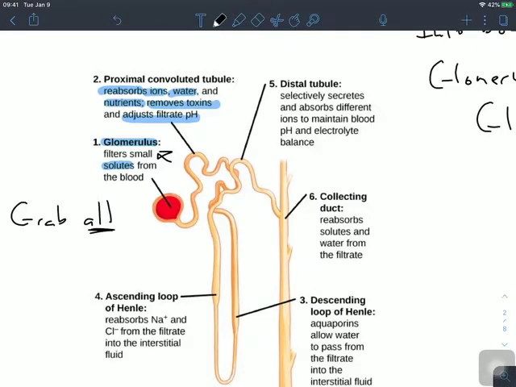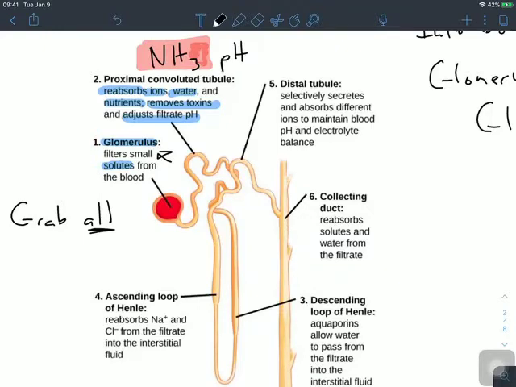Now, it's also adjusting the blood's pH by selectively secreting ammonia, NH3. This is one of the defining features of what the proximal convoluted tube is doing, is it's a pH regulator. It secretes NH3.